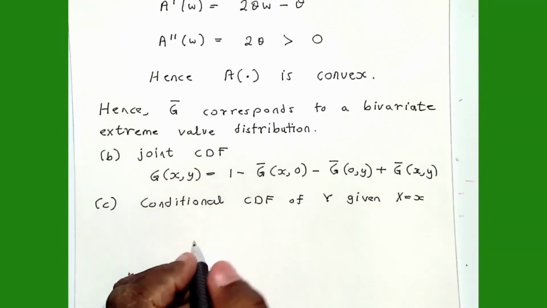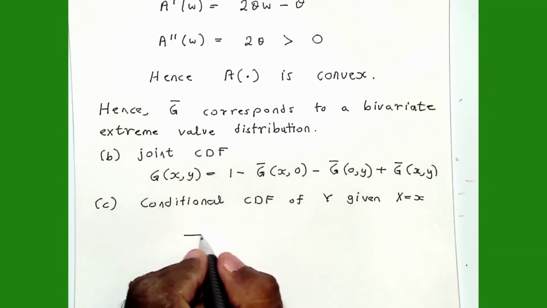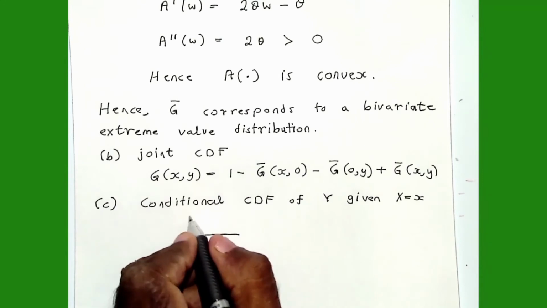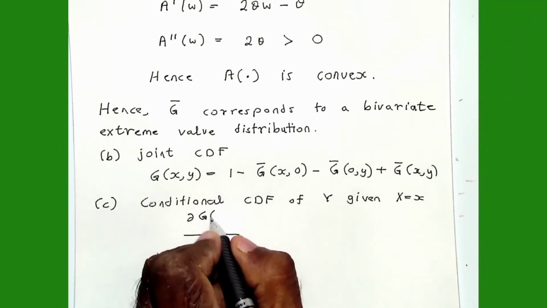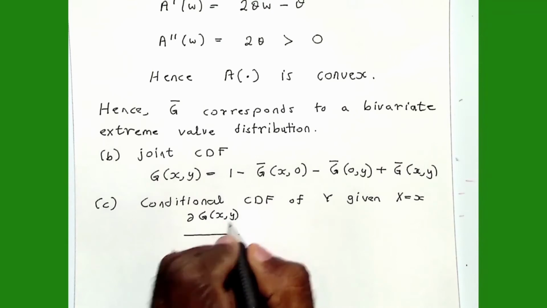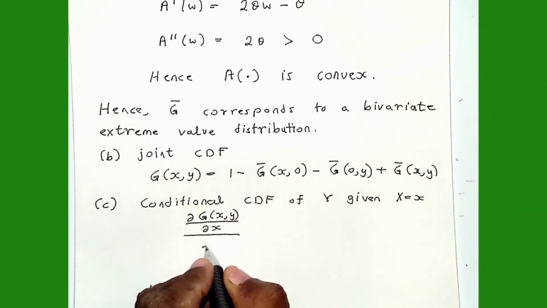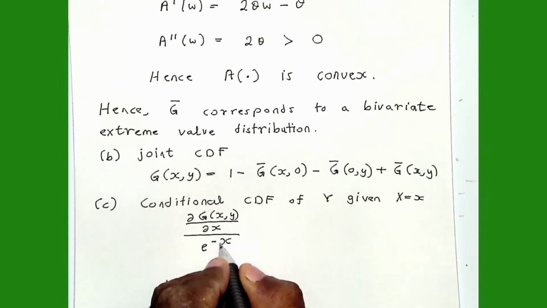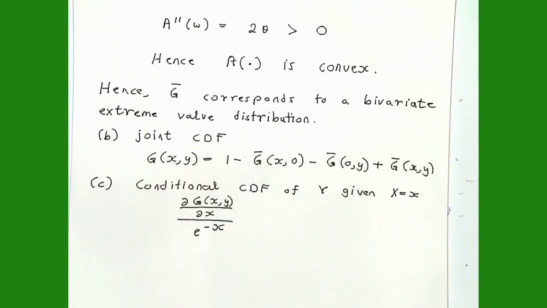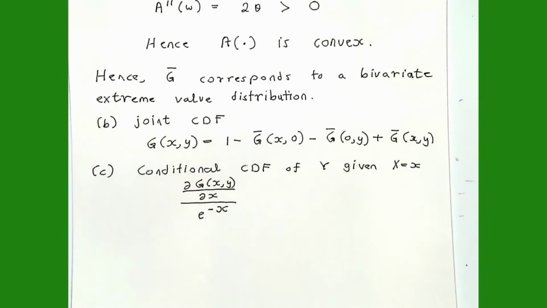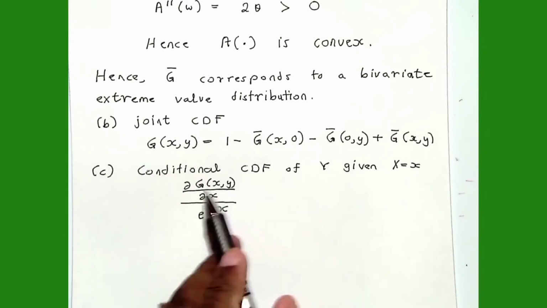The formula for that is simply this. So what you have to do is just find the partial derivative of the joint CDF with respect to x, and then divide by this. All right, this is the formula you need to apply to find this, right?